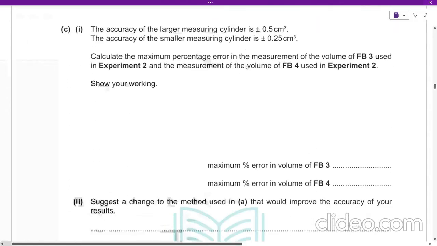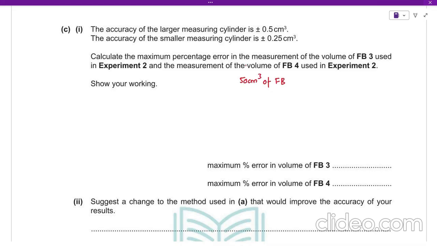The accuracy of the larger measuring cylinder is 0.5 cm cube, and the accuracy of the smaller measuring cylinder is 0.25. Calculate the maximum percentage error in the measurement of the volume of FB3 and the measurement of the volume of FB4 used in experiment 2. So we used 50 cm cube of FB3 with the larger measuring cylinder.